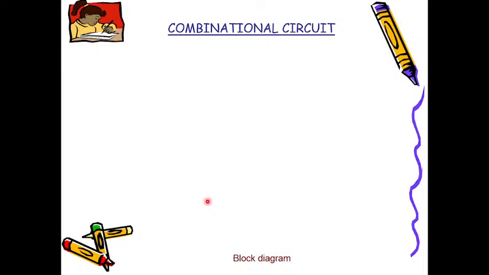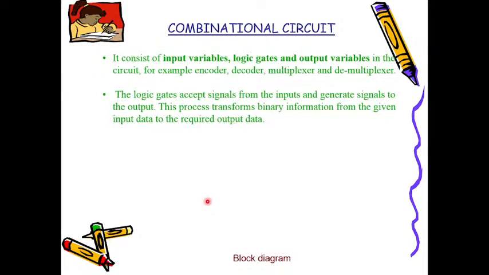We don't store anywhere or retrieve back any of the processed data, and we don't use it for further operations. Those circuits which receive the instantaneous input, process it and produce the output, we call a combinational circuit. Any circuit, as you all know, will have an input and a set of gates to perform the operation for whichever logic you intend to design, and you bring out the output.